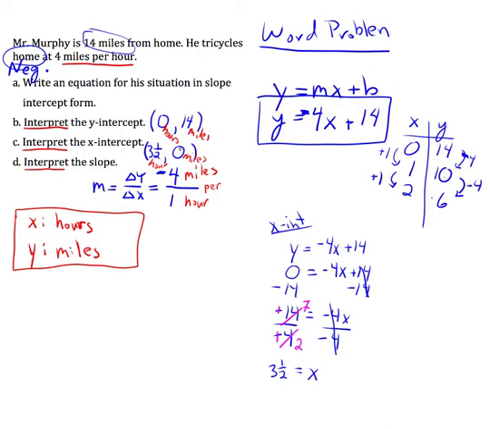So wait, at 0 miles, where would he be at 0 miles? Oh, he's at his home. So I'm going to write that x-intercept now that I'm thinking about it. So it takes 3.5 hours.